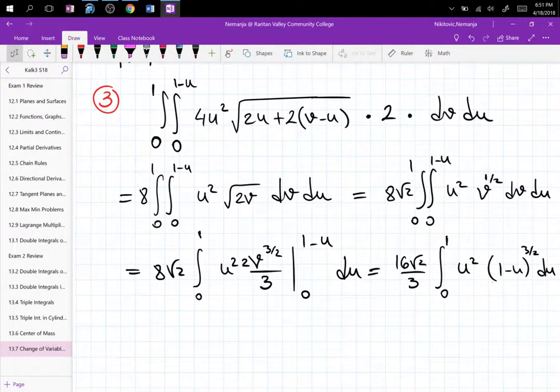And now how's your calculus 1 doing? So what should we do with this now? How do I integrate this?